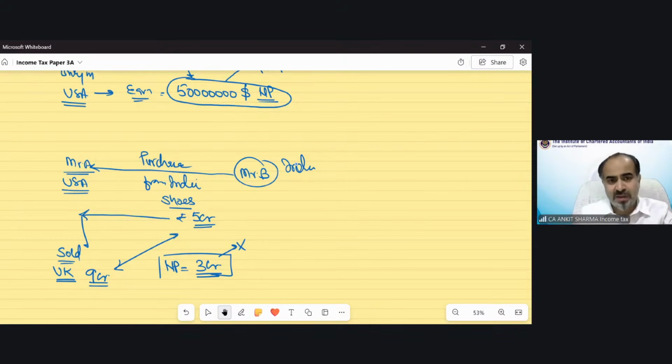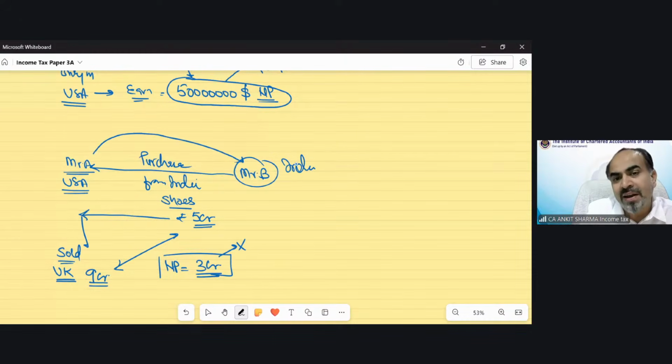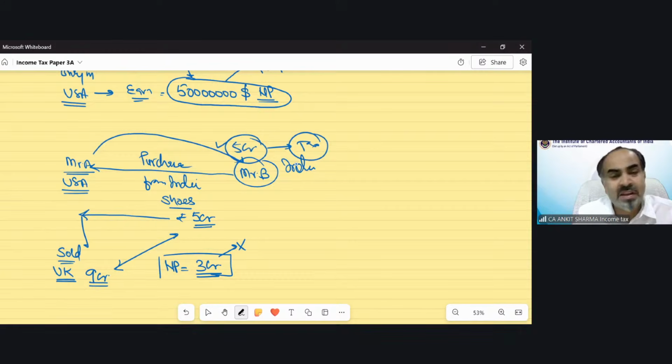In this case, when Mr. A purchased the goods, he did not take income out of India, but technically he paid 5 crore rupees to Mr. B. And Mr. B will pay tax on the profit he must have earned. In the sale, when this USA company sold to UK, technically the income has been derived from the UK, not from India, not directly, not indirectly.